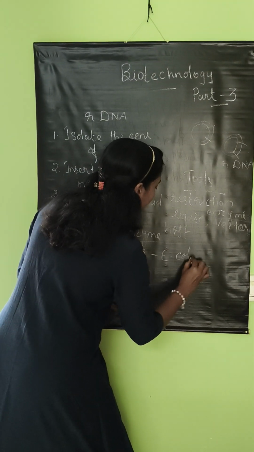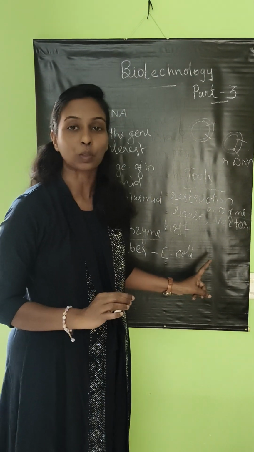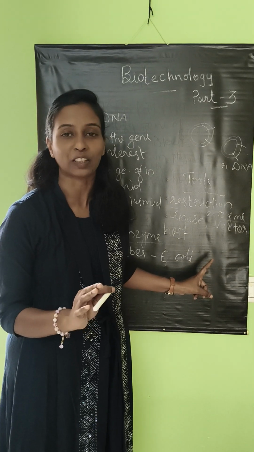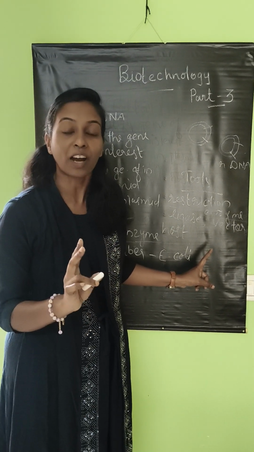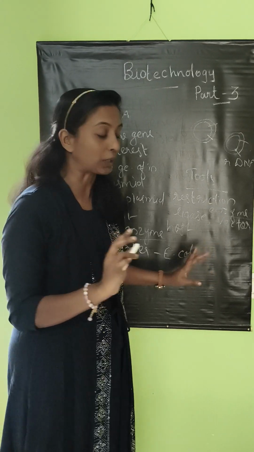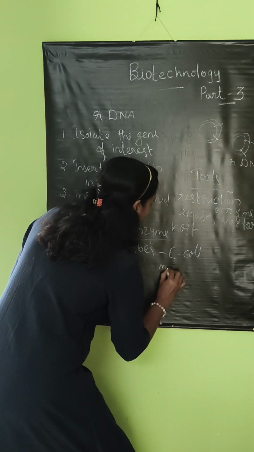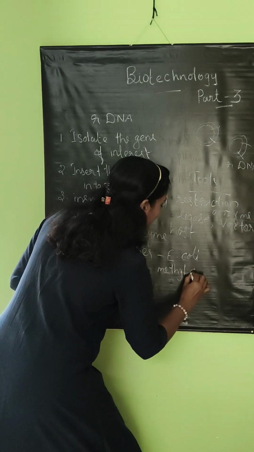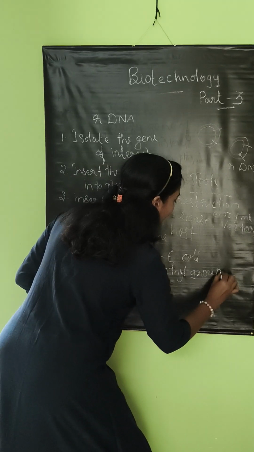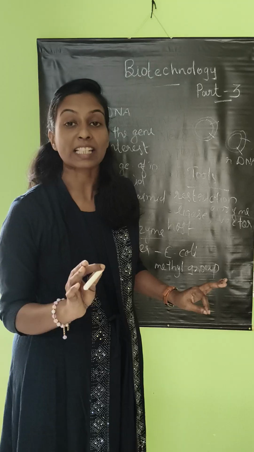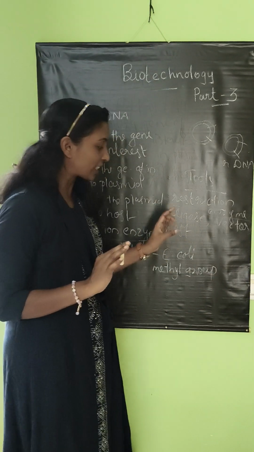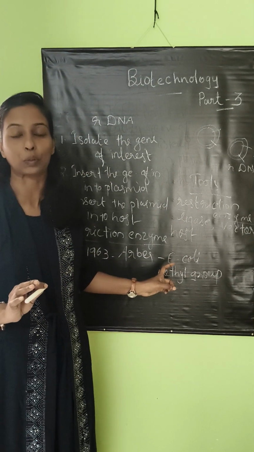It is used to restrict the growth of bacteriophage. So, what are those two restriction enzymes? One adds a methyl group, and another one is used to cut the DNA, that is called restriction endonuclease. So this is the discovery of restriction endonuclease.